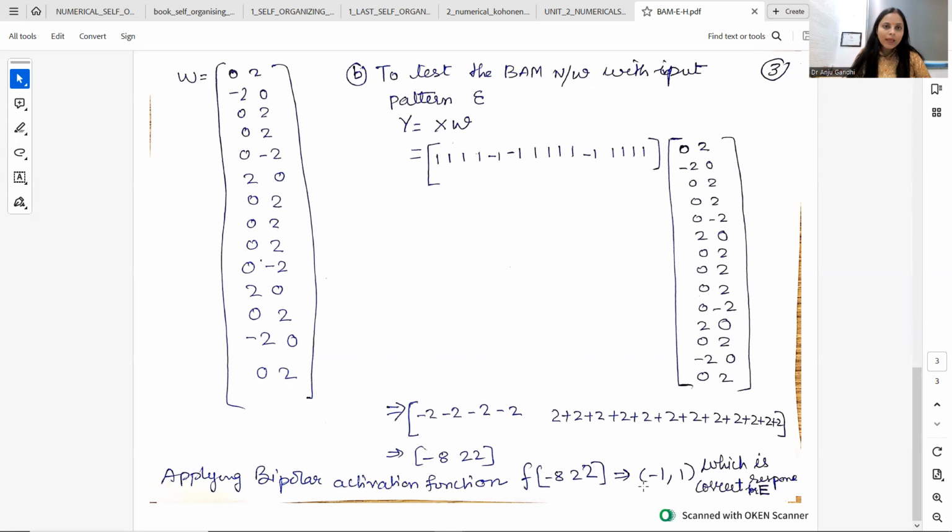In the same way, we can test the bidirectional associative network with the input pattern H. The same procedure is done: take the input vector for H, multiply it with the weight, and we get the result in the same way. This is how we can get the weight matrix and test those values.